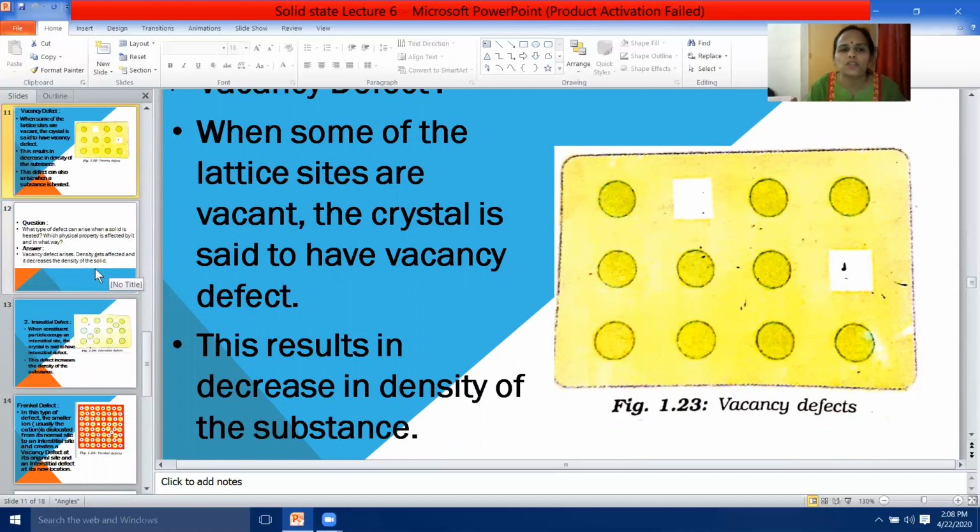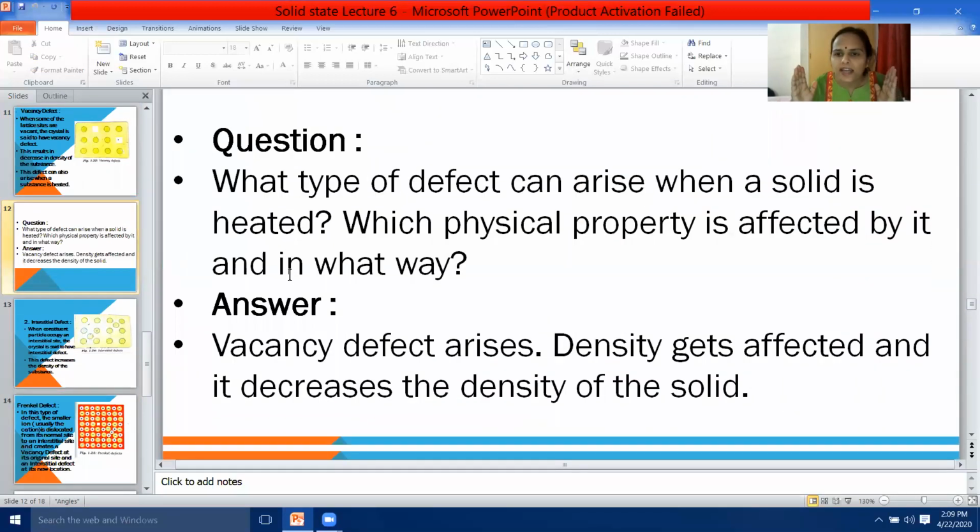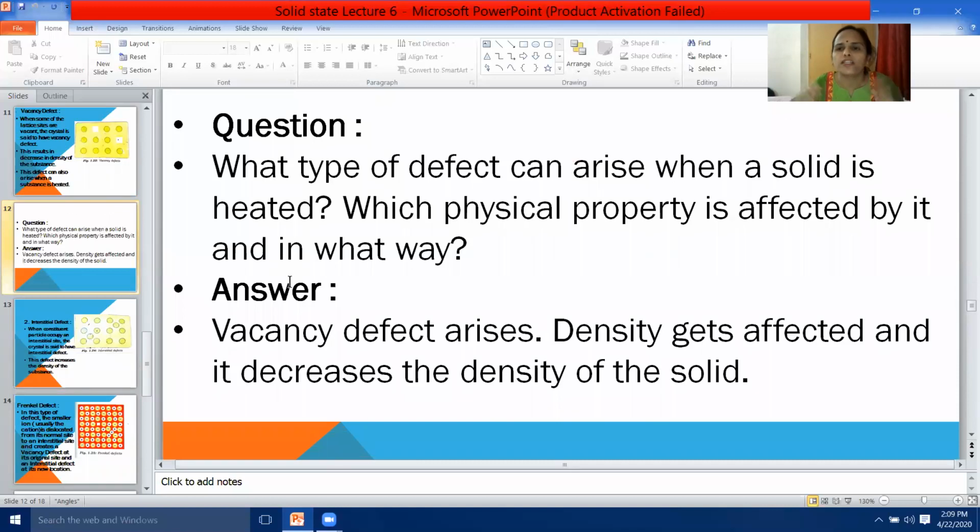Remember in your mind that vacancy defect decreases the density of the substance. A question comes in the exam: what type of defect can arise when a solid is heated? When a solid is heated, it results in vacancy defect. Next part of the question: which physical property is affected by it and in what way?